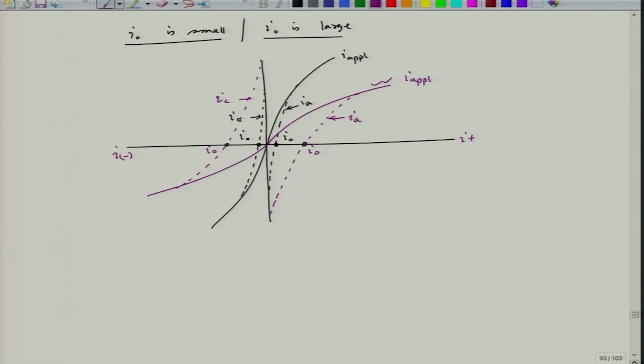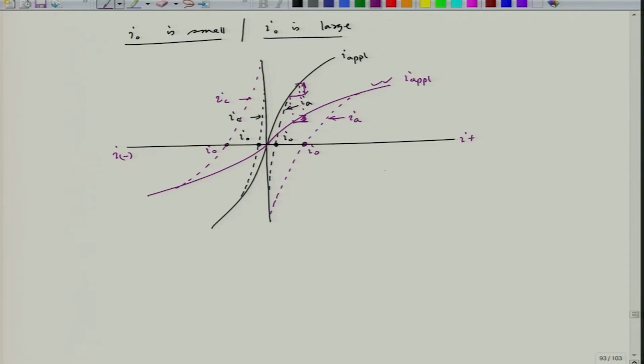So, now if we have a small current perturbation, let us say this is my small current perturbation. That time, my polarization amount would be this much. Let us say the same perturbation, if I give it to the case where I0 is small, this is my small current perturbation, and then the potential difference would be this much.